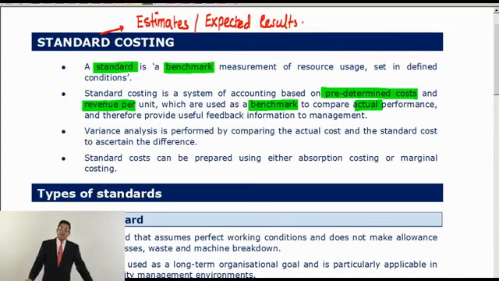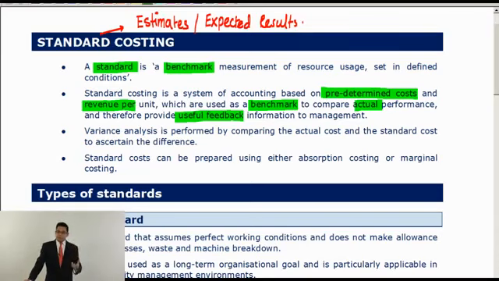And when we compare the actual performance with the expected performance, we get useful feedback. Feedback is like a variance. We find out whether we spent more than the expected cost or we have spent less than the expected cost. And then it can be used in performance evaluation as well.